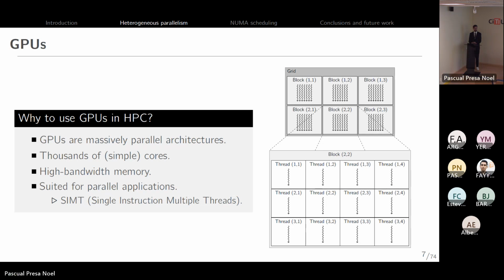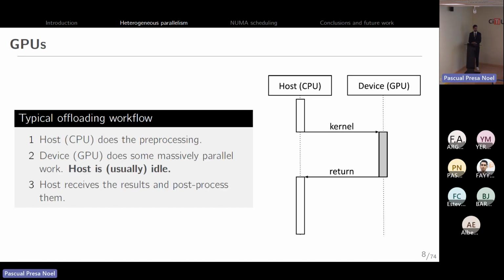The typical way we work with GPUs in scientific computing is that we do some pre-processing in the CPU, and in the second stage, we move all the data and the computations to the GPU, and finally we get back the results and we do some post-processing.